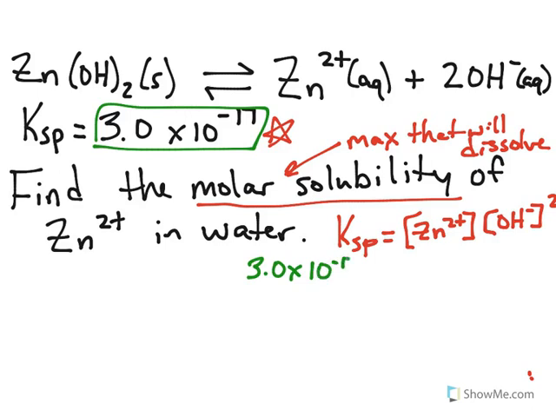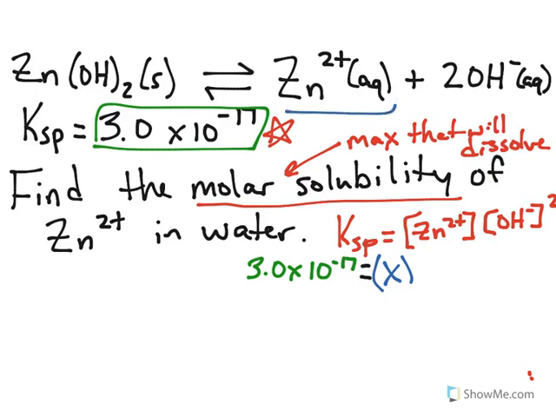3.0 times 10 to the negative 17th equals. Now I'm looking for the concentration of the zinc here because when this equilibrium is established, that will be the maximum amount of zinc that water can hold. So I'm going to designate that zinc concentration to be X. But we have to think about the ramifications of that.